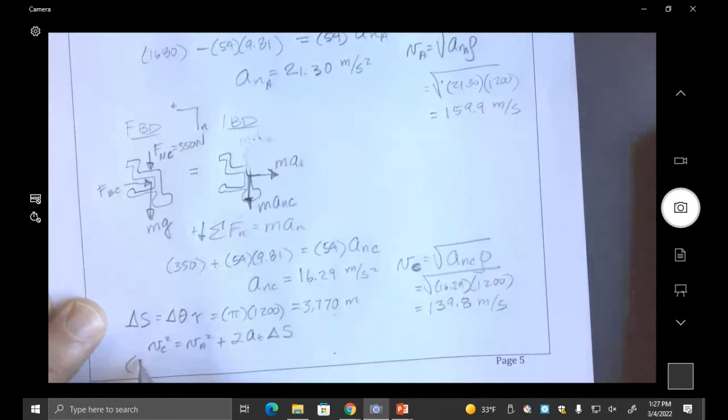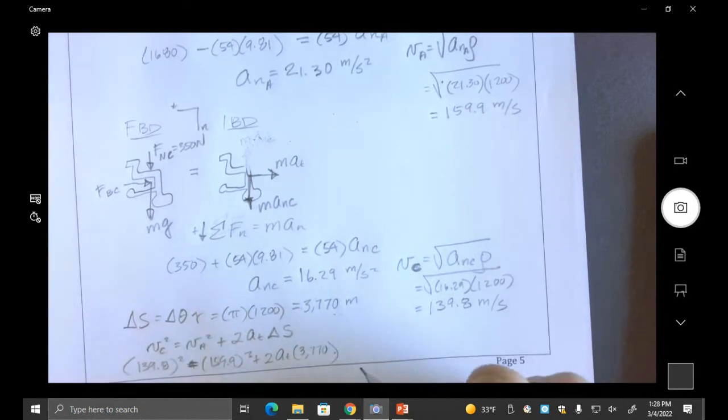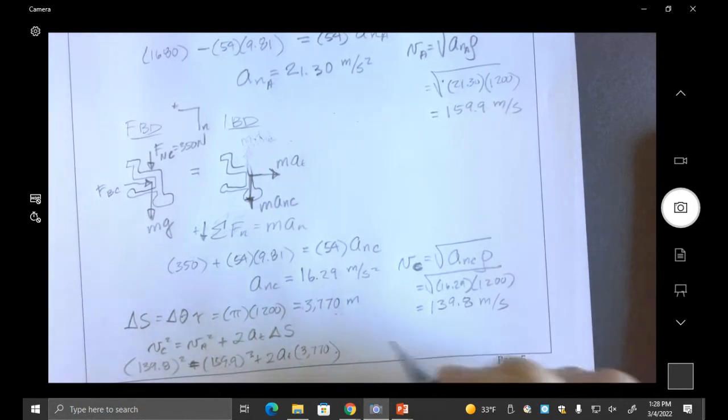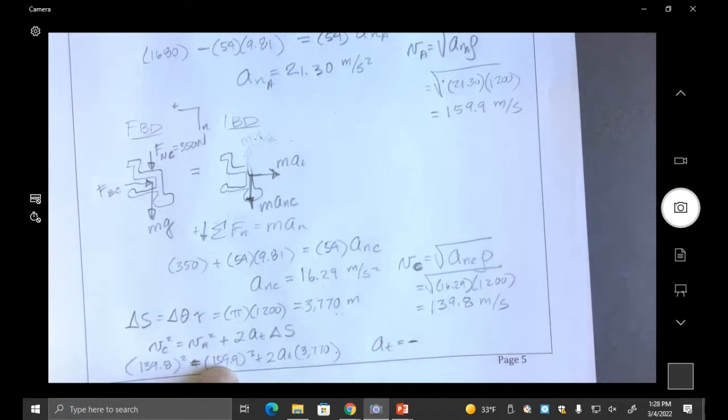So we have 139.8 squared equals 159.9 squared plus 2. Here's the thing we want to get, times 3,770. And what we end up finding is we'll get a negative value, because that's going to be larger than that.